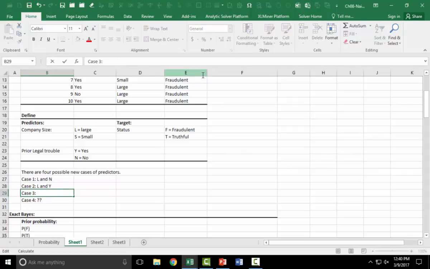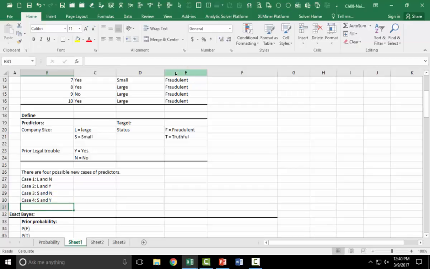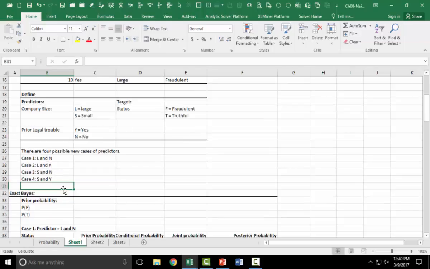And then small and no prior trouble, small and yes for prior trouble. So there are 4 different cases of predictor profile, as opposed to just one in the example that we saw for Bayes theorem.